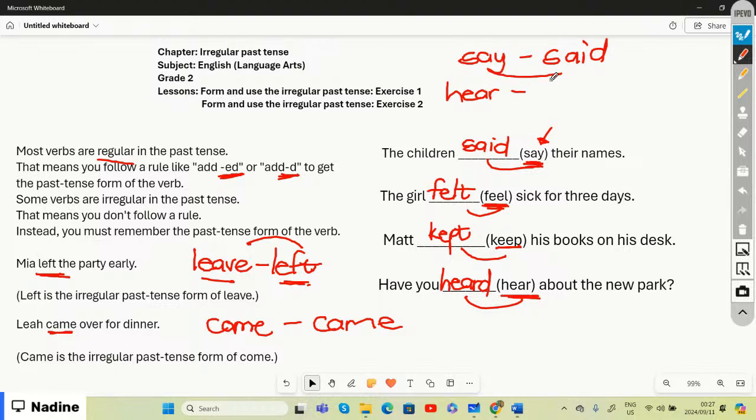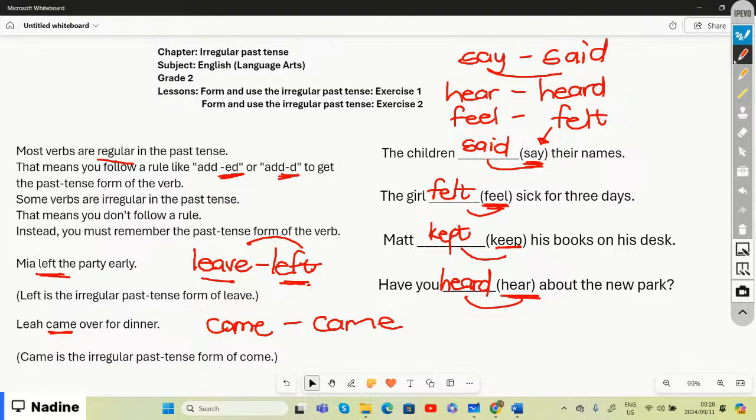Earlier on, I heard what she said, right? I feel sick now. And in the past, we can say, I felt sick.